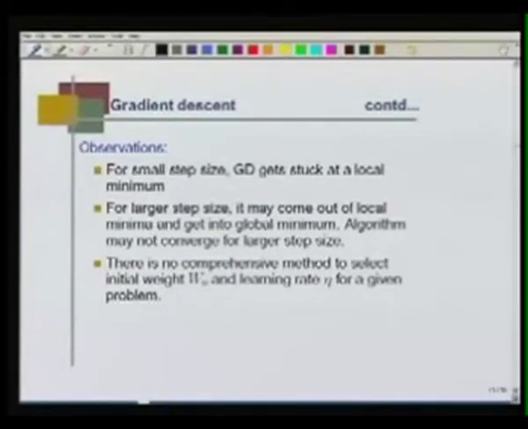So, observation: for small step size, gradient descent gets stuck at a local minimum. For larger step size, it may come out of local minima and get into the global minimum. The algorithm may not converge for larger step size as well.